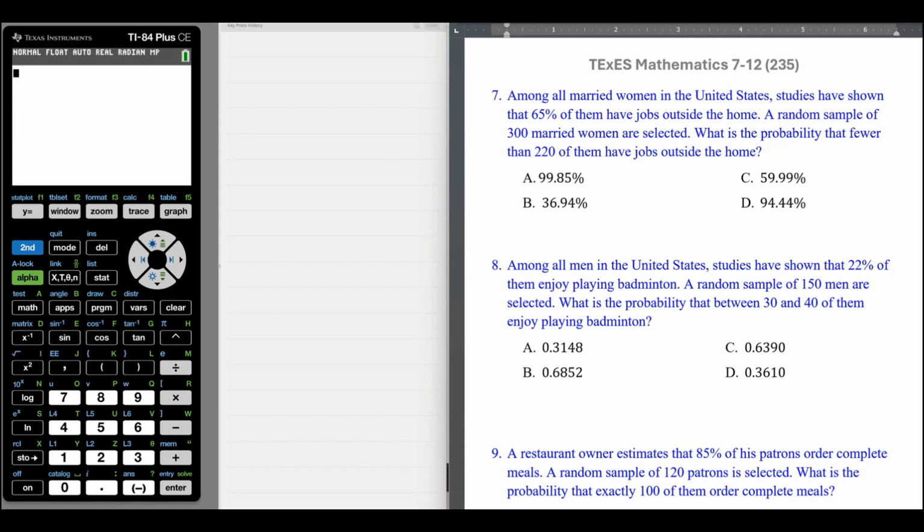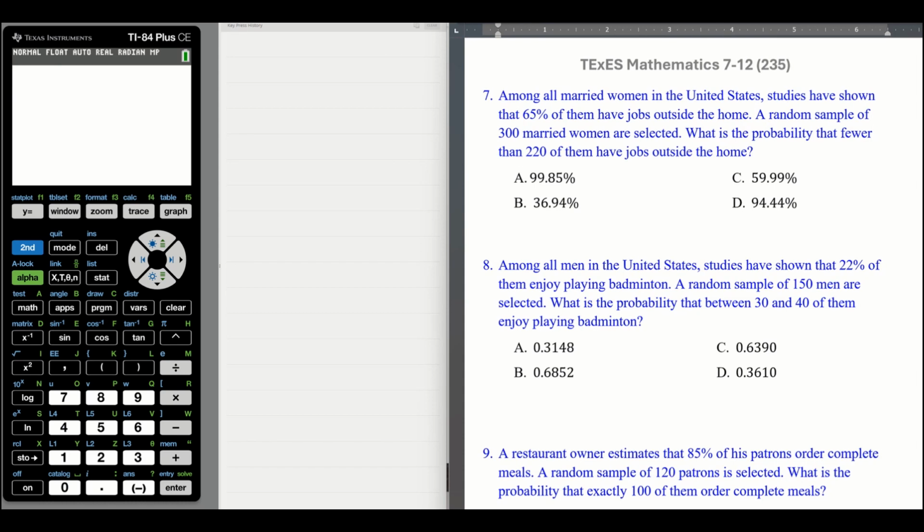You're going to have to make your adjustments because you're talking about individual human beings. Okay, so that means that this number is adjusted. It says fewer than, so we are not including the 220 because it's discrete. So we need 219.5 because we had to subtract 0.5.